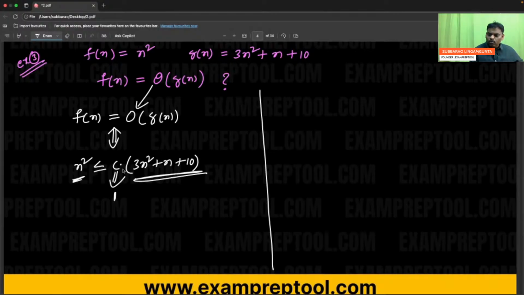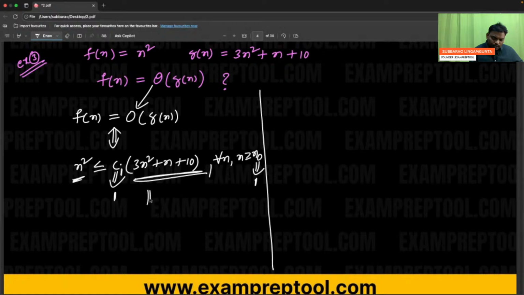To eliminate the confusion, I am keeping the left one as c1, and c1 is 1, for all n greater than or equal to n0, where n0 means the starting n value. Let's check whether 1 is working. I think 1 itself is working, so it's enough.